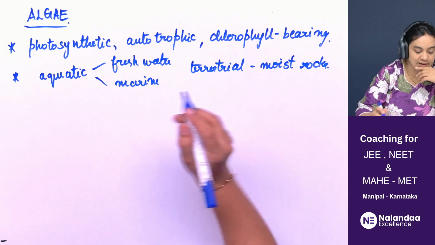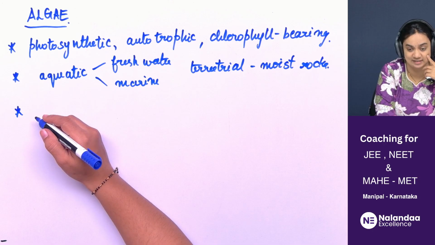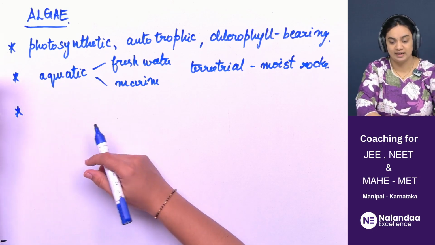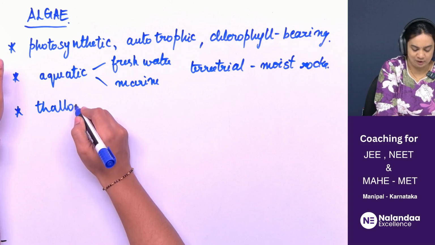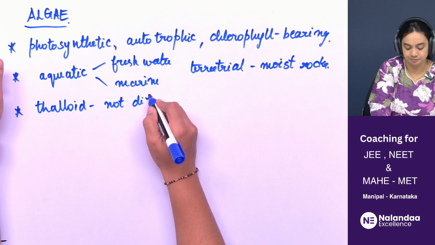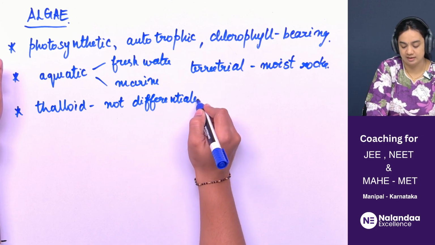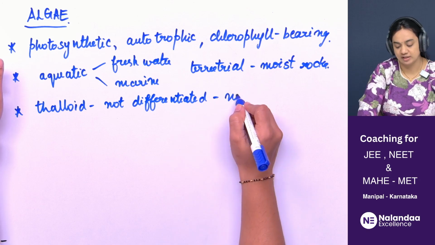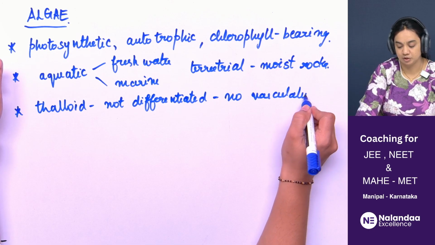And then we were talking about how the thallus is not properly differentiated. It's a thalloid plant body. Thalloid meaning not properly differentiated, and no vasculature, correct? No vascular tissues.